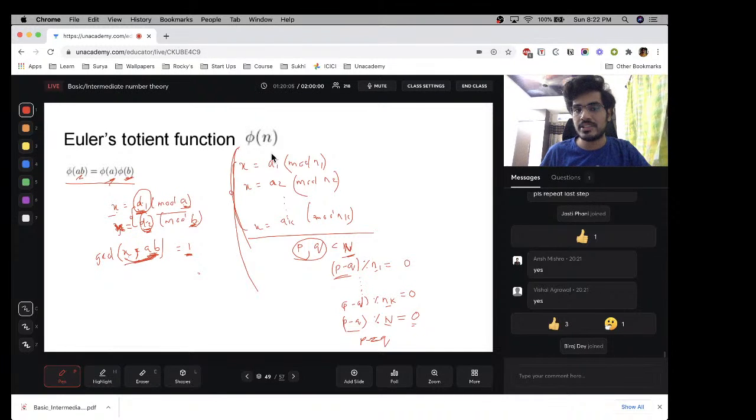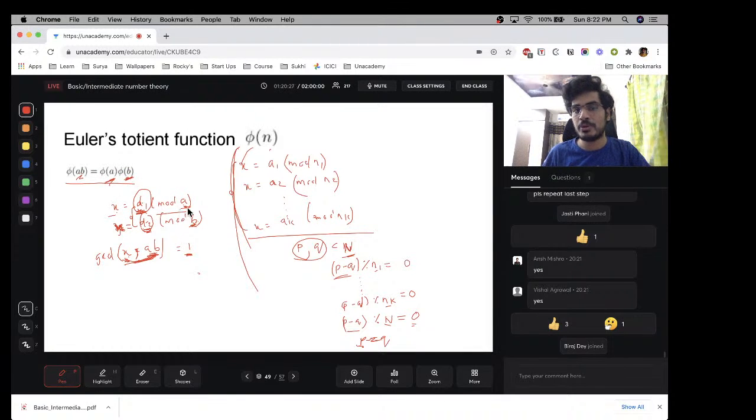Right? Since we just saw that every tuple a1 to ak corresponds to only one x, every pair D1 and D2 corresponds to only one X which is coprime to AB. So the number of such pairs D1, D2 is phi of A into phi of B.